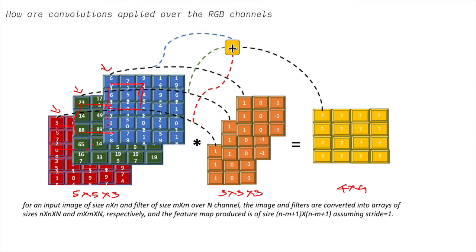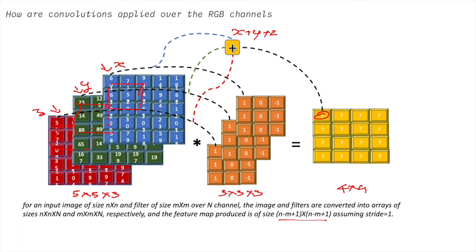Previously, after applying the 3 cross 3 filter over the 3 cross 3 cell from the blue channel, you'd get a value, and you would do that the same way for the green channel, and that would give you a value. So let's say the value over here is X and the value over here is Y, and then you do the same for the red channel and the value for that is Z. So now what you do is you add all these three values. It could be a positive or a negative number. And then you collectively write that into the output cell.